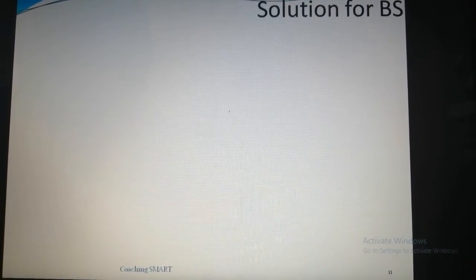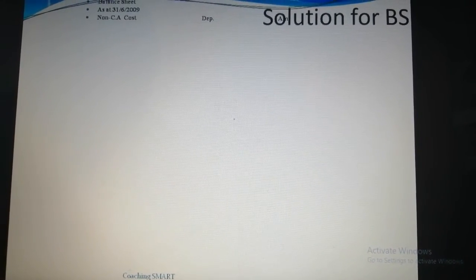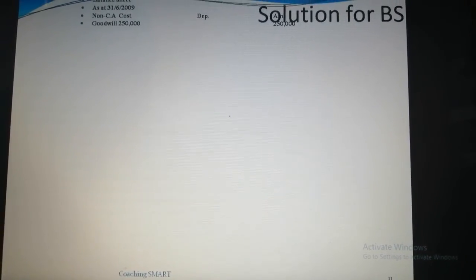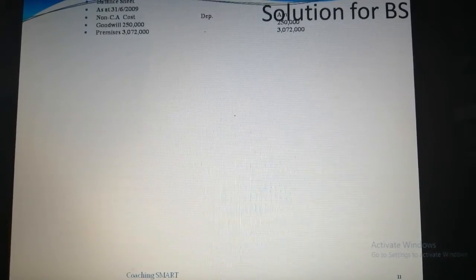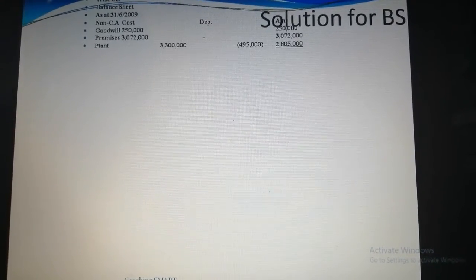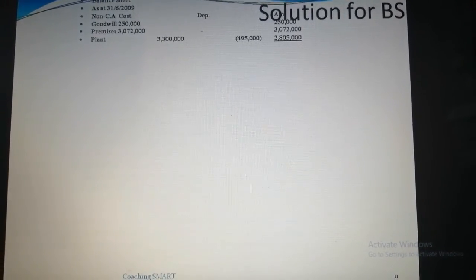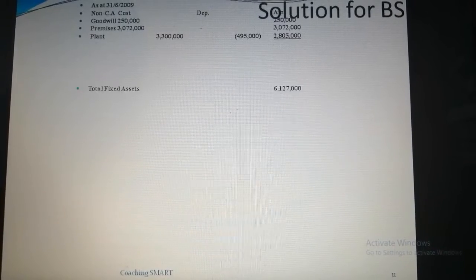After getting the retained earnings, now we prepare our balance sheet. Our balance sheet is Justice balance sheet as at 31st March 2019. Here we have goodwill 250,000, premises 3,072,000, plant 3,300,000 less depreciation 495,000, you get 2,805,000.